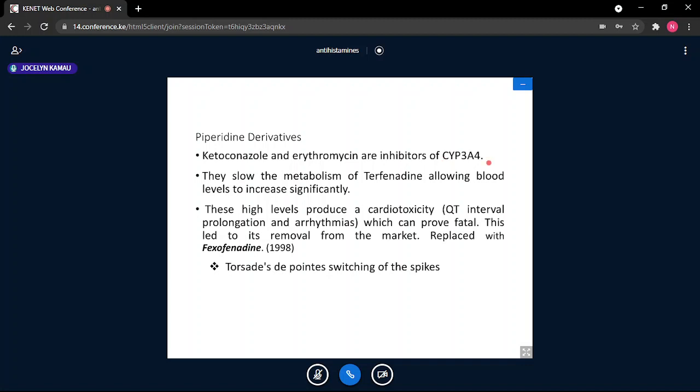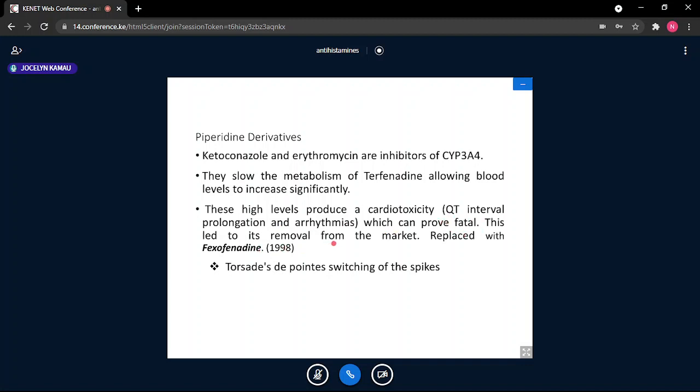So there is that double effect. They slow the metabolism of terfenadine, allowing blood levels to increase significantly. The minute you get high levels of terfenadine, these high levels produce a cardiotoxicity, with QT interval prolonged and arrhythmias, which can prove fatal.